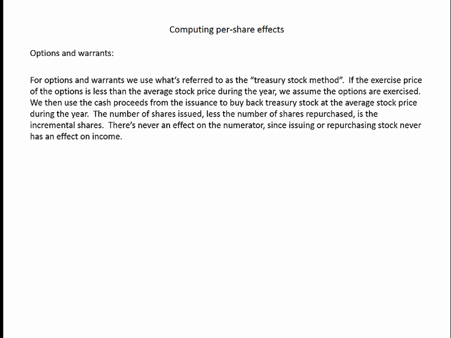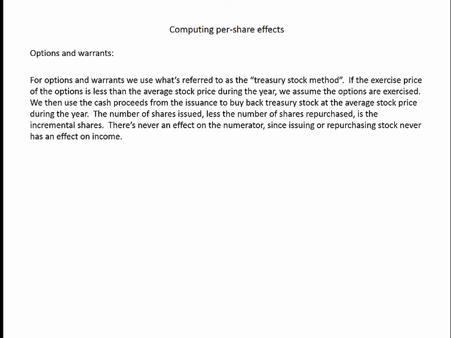Finally, options and warrants. For options and warrants, we're going to use what's referred to as the treasury stock method. Now, options won't be exercised. We won't assume exercise unless the exercise price is less than the average stock price during the year. If your stock price is $50 and the exercise price is $75, then clearly nobody would exercise the options.